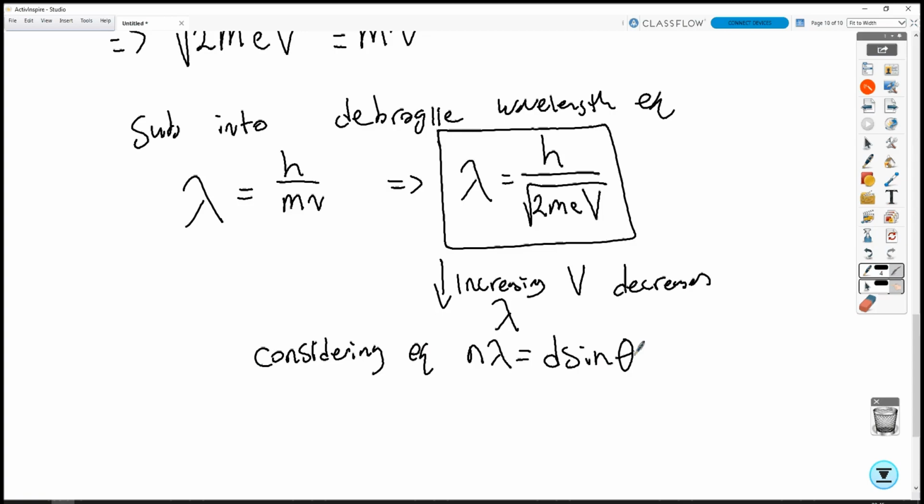If you increase the potential difference, then the wavelength decreases. And if the wavelength decreases, but d, which is the slit spacing, remains the same, then sine theta has to decrease. If sine theta decreases, that means theta needs to decrease. And if theta decreases, that means that your rings become closer together.